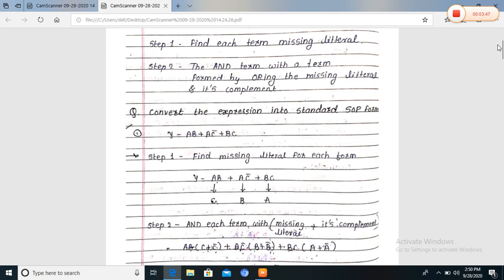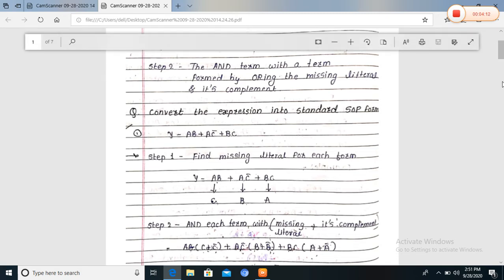The third term BC is ANDed with the missing literal and its complement. The missing literal in the third term is A, plus its complement, A bar.